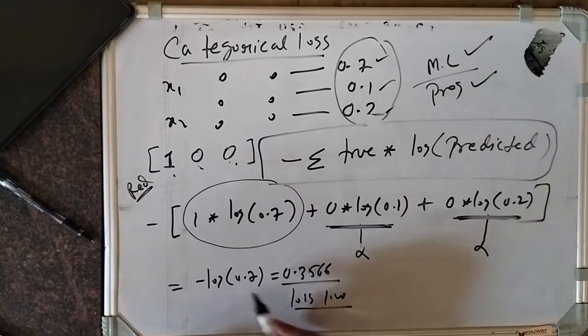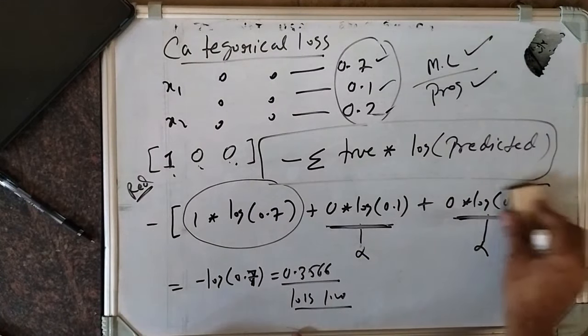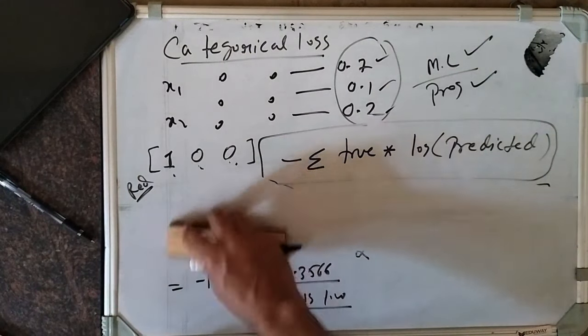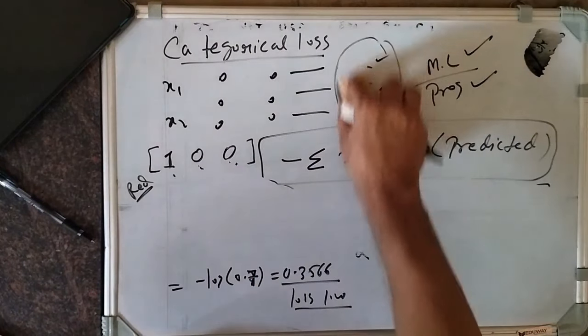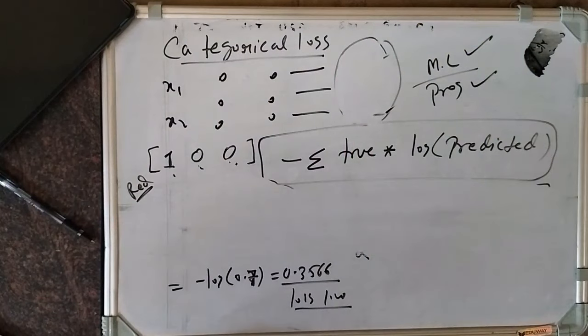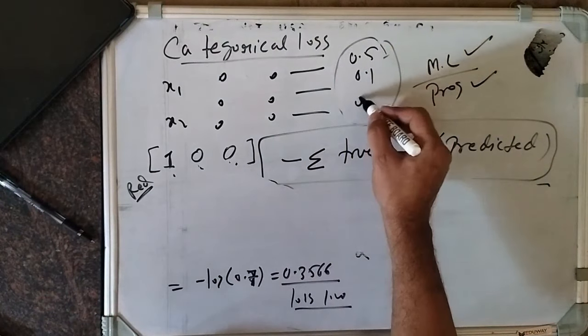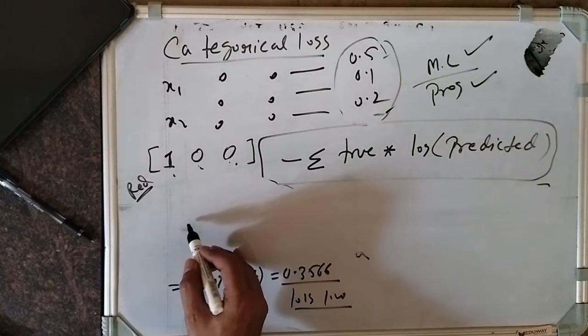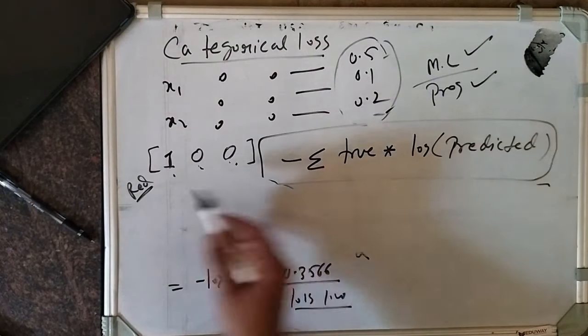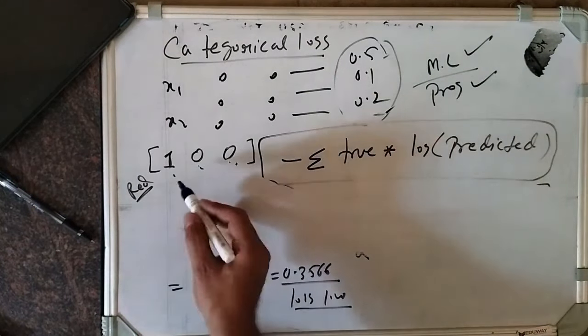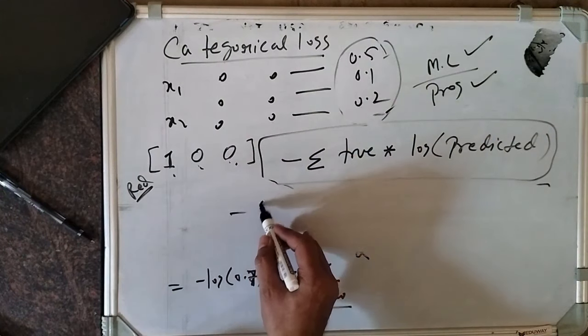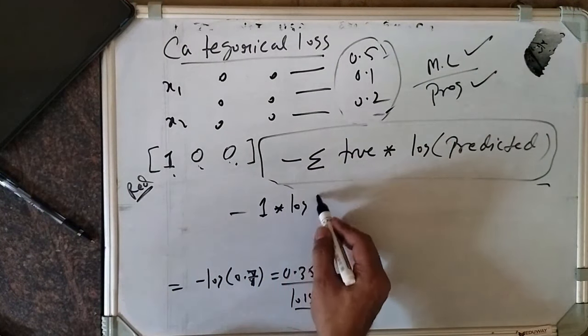Loss is low when you are converging to 1. And suppose there is another value, suppose the output is not like this. Suppose your output is 0.5 and 0.1, output can be anything. In this condition, this is 0, 0. Okay, I am taking only 1. Why would I take more? So 1 into log of 0.5.